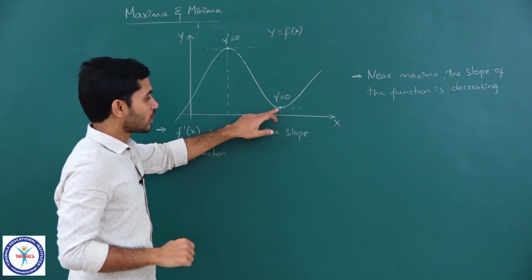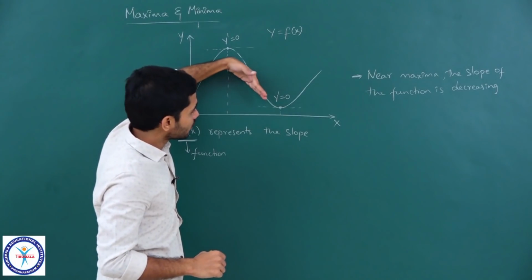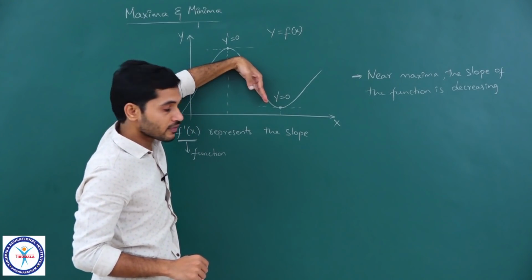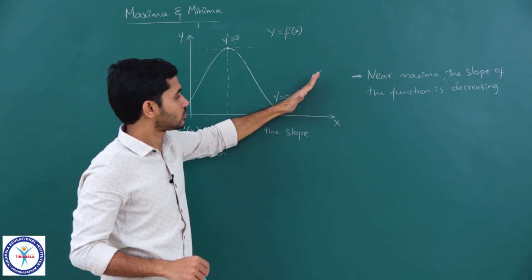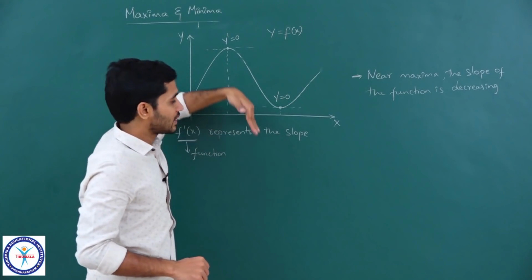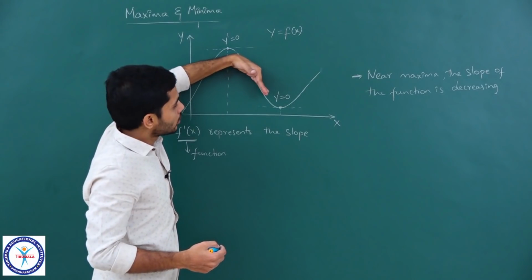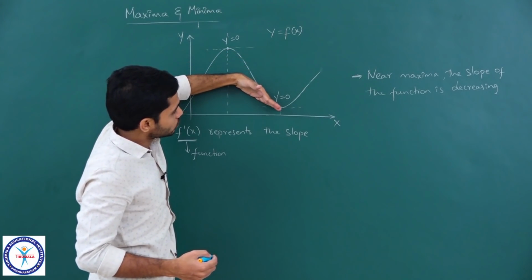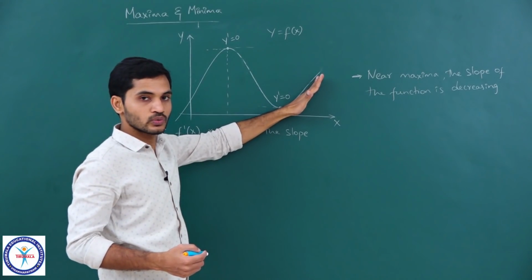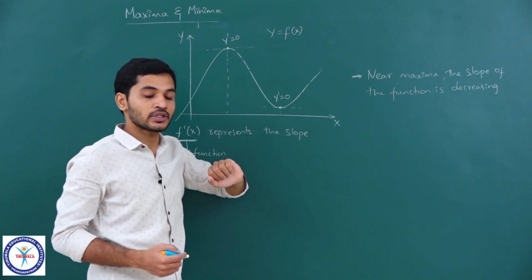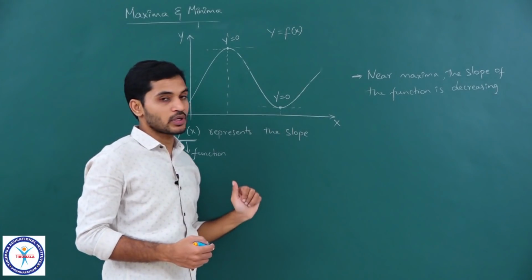Similarly, if you look at minima, now look closely at minima, initially the slope is negative, 0, right. What that means is, let us give some values, minus 3, minus 2, minus 1, 0, 1, 2, 3. So, what is happening to the slope near minima?